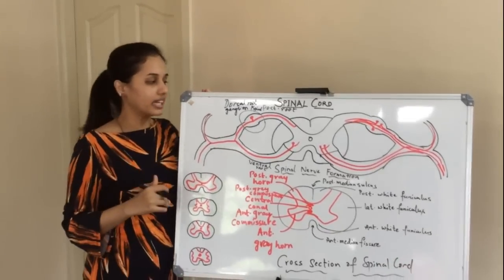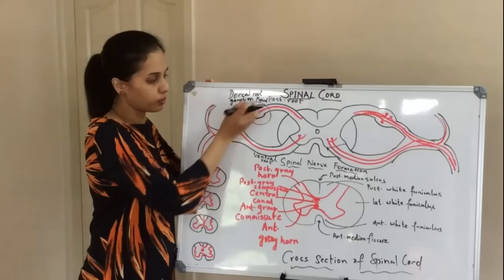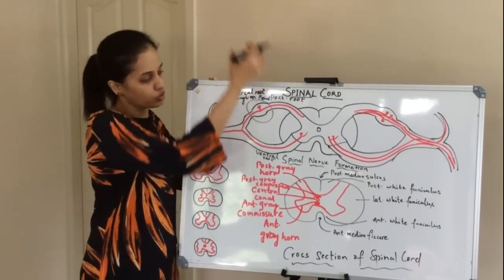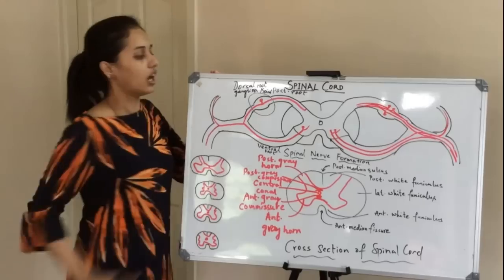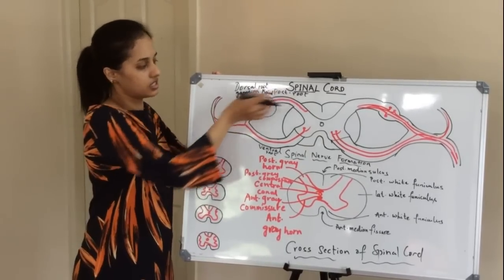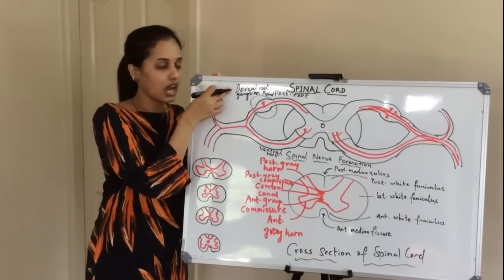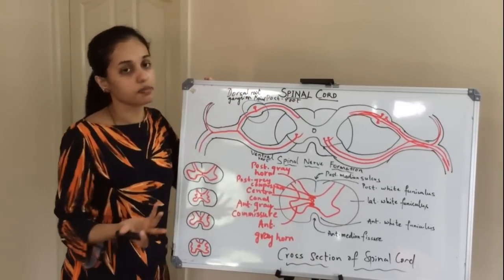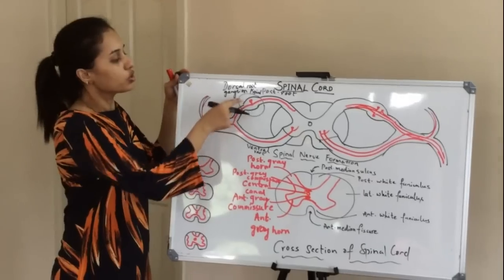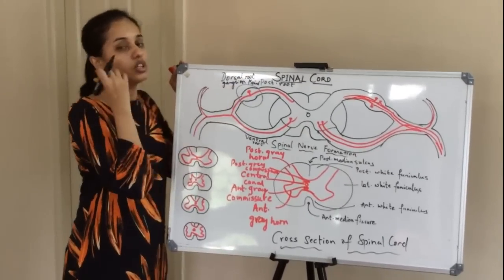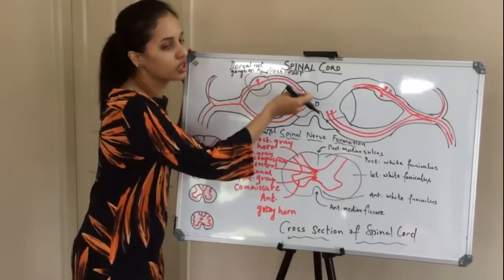One such ganglia is the dorsal root ganglia because it is connected to the dorsal root or the posterior root. Throughout the spinal cord segment there are pairs on either side of the ganglia. Since it is in relation to the dorsal root, they are called dorsal root ganglia, or also called spinal ganglia because it is in relation to the spinal cord. These ganglia have groups of cell bodies having a peripheral process and a central process.